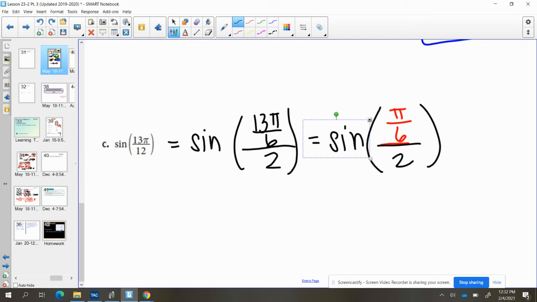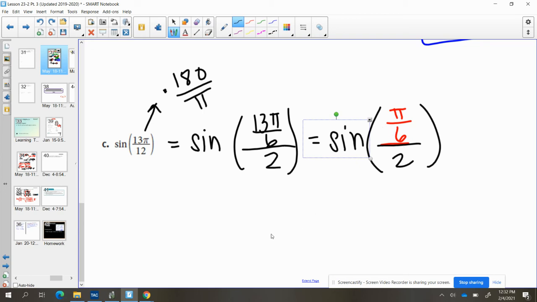Or again, feel free to convert this to degrees by multiplying by 180 over pi. And again, it'll give you the same answer. But we're dealing with radians, just so we have some practice as well. So again, 13 pi over 6 divided by 2 would be the 13 pi over 12, but we'll use the coterminal value of pi over 6.